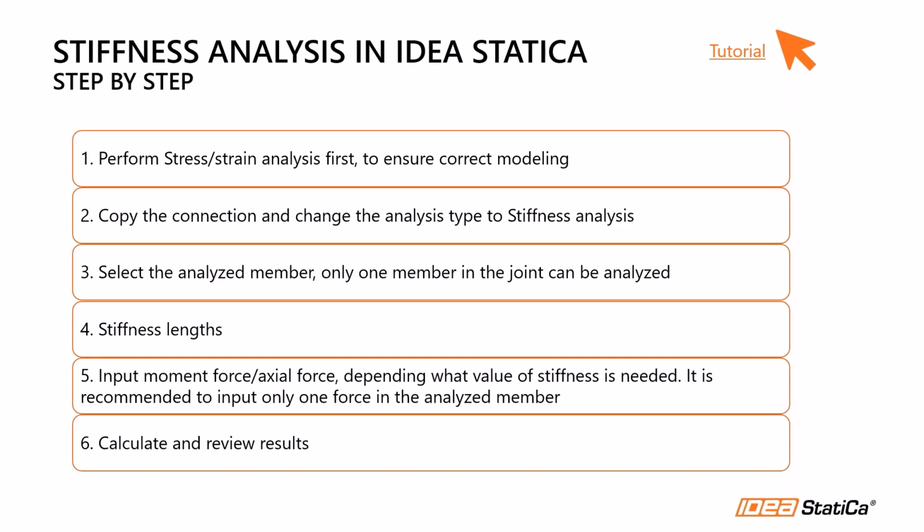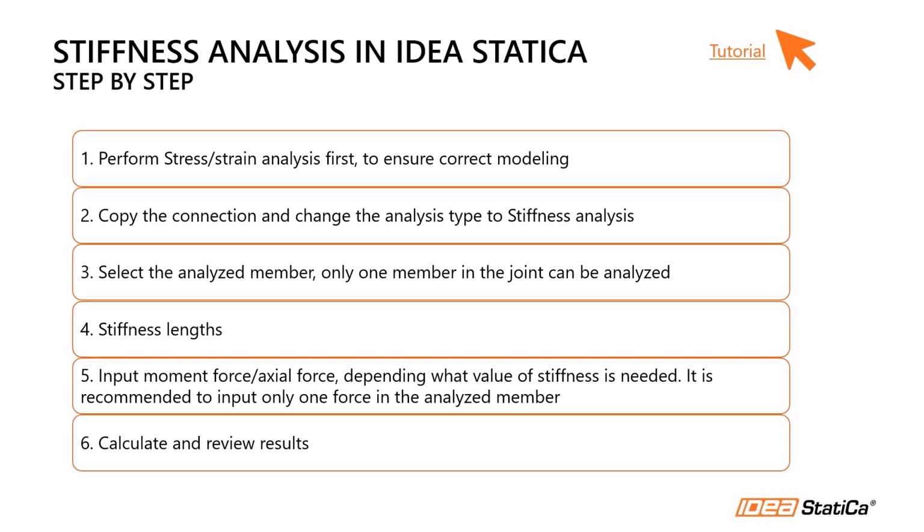The first step that we recommend is to perform a stress-strain analysis first. That means you will run the regular analysis that we have, right? So you can ensure that your model is correctly modeled, like you don't have any modeling issues, so later you cannot have errors in your results for the stiffness analysis.